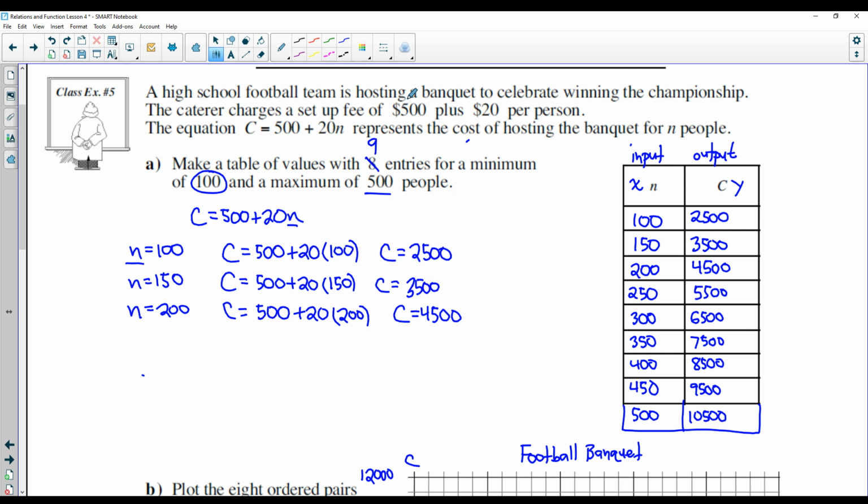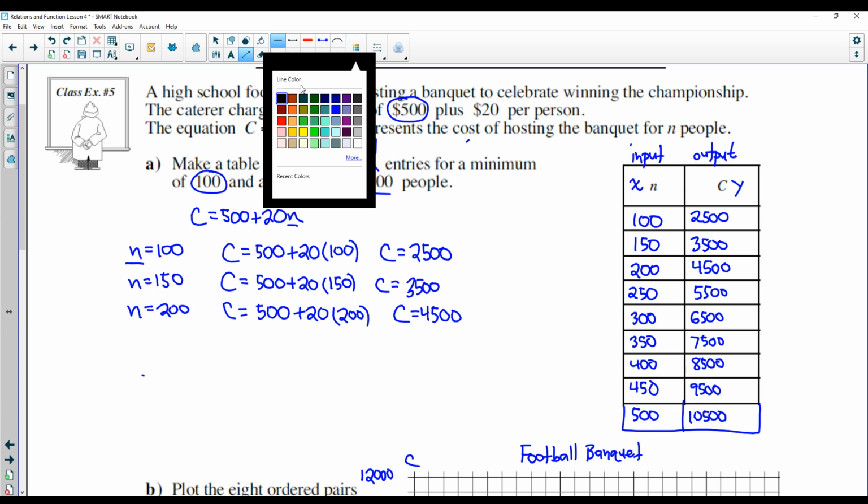No matter what you do, even if you had 0 people attending, the caterer is going to charge $500 no matter what. So on my graph, it doesn't make any sense to draw a line of best fit where the cost is less than 500. So if I'm going to draw a line of best fit on this graph, let's just find a line here.